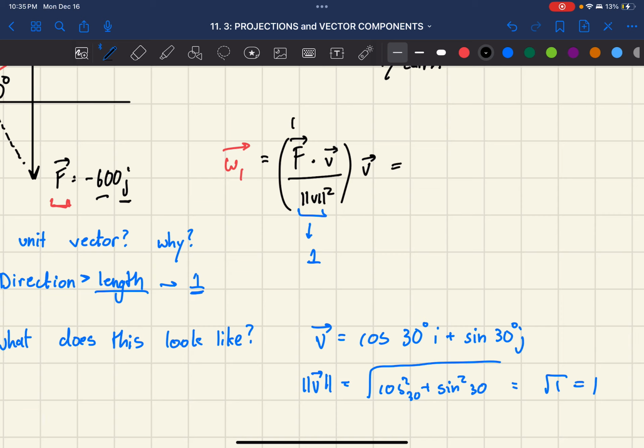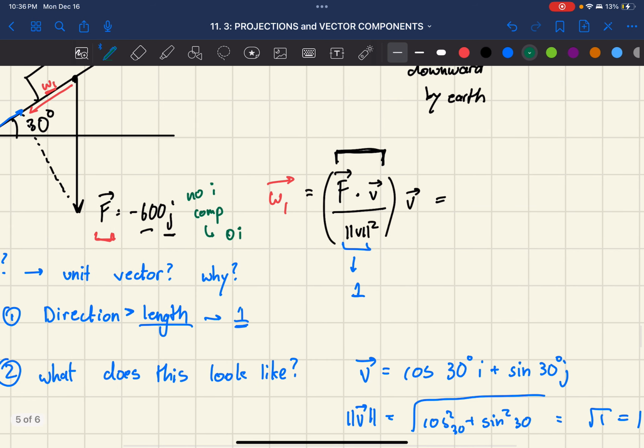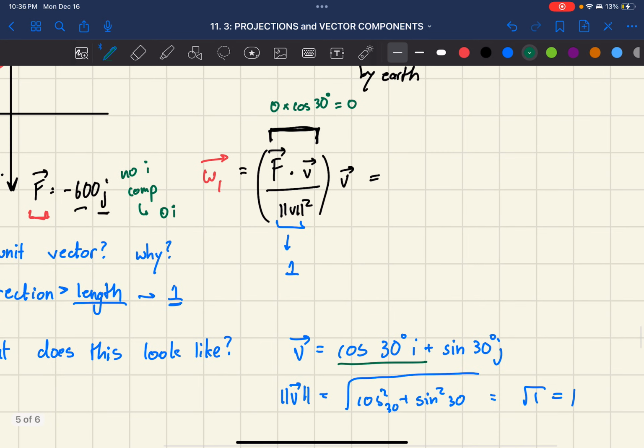We take this dot product over here. Remember, because there is no i component, it is just 0i, which means that when you take the dot product and multiply 0 by cosine 30 degrees over here, you just get 0, meaning the only thing in this dot product is going to be negative 600 times sine 30, just 1/2.